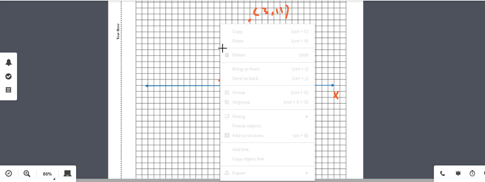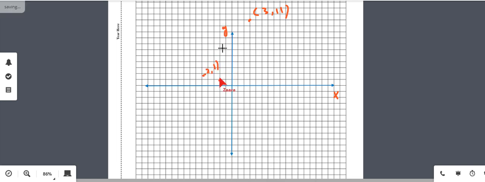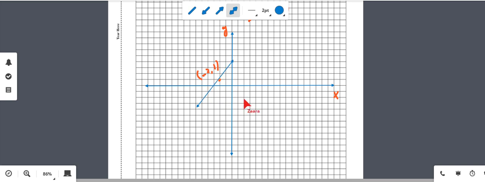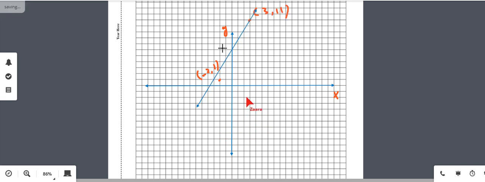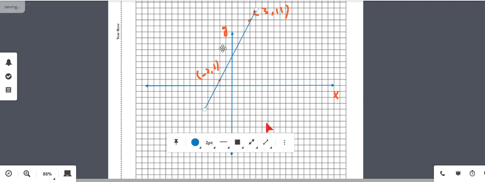Now what I have to do, can you please change the cursor? Thank you. I will make a line passing through both of them. I will try to make a very good line. Let's adjust it.